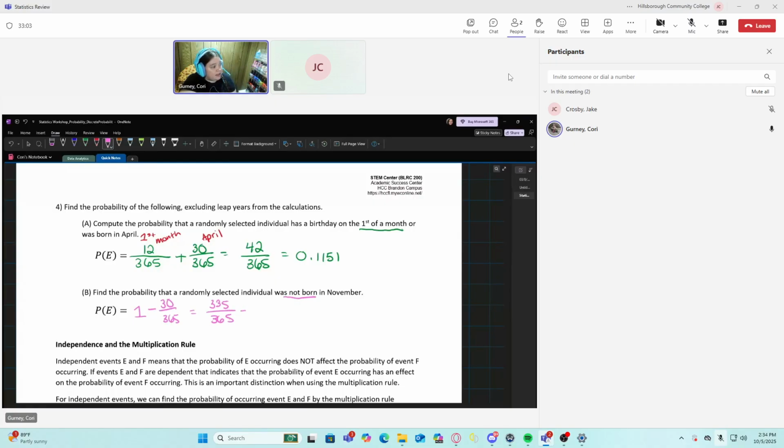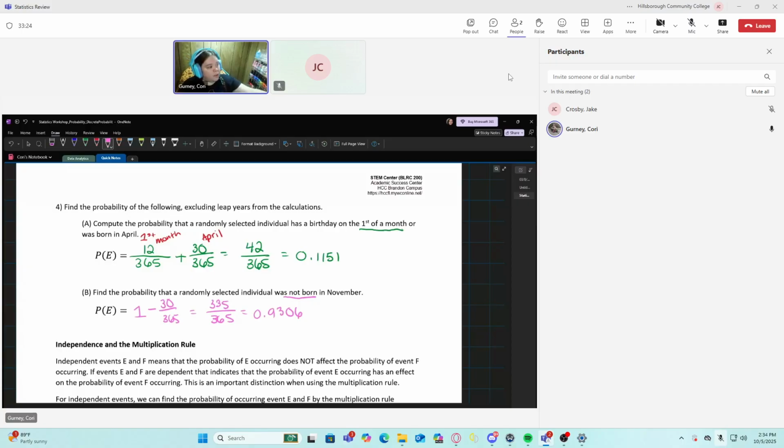You can see that's going to be a really big possibility. 1 minus 30 over 365 equals 335 over 365, which is about 0.9.